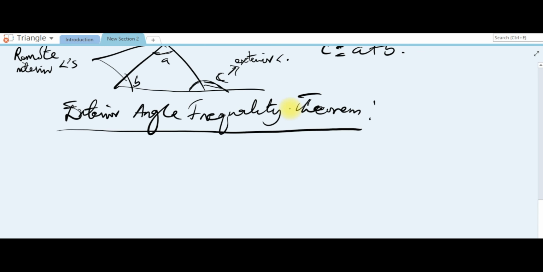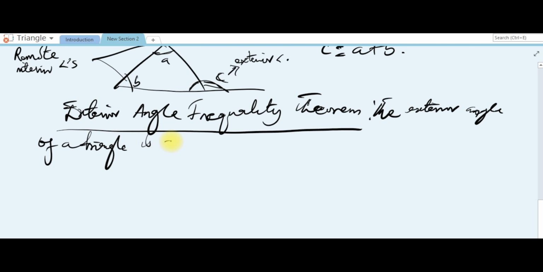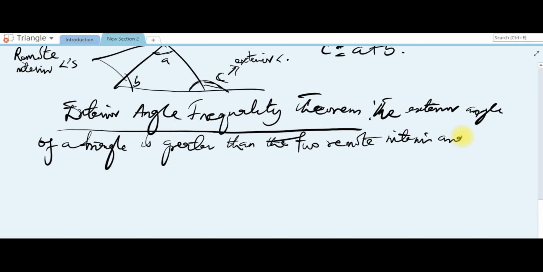So it states that the exterior angle of a triangle is greater than the two remote interior angles.